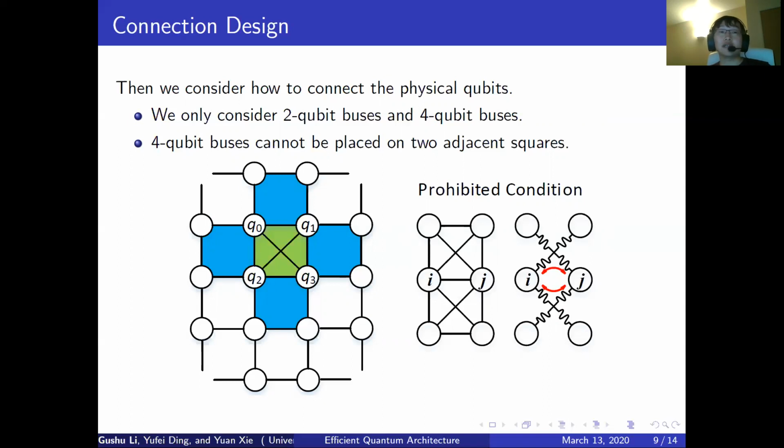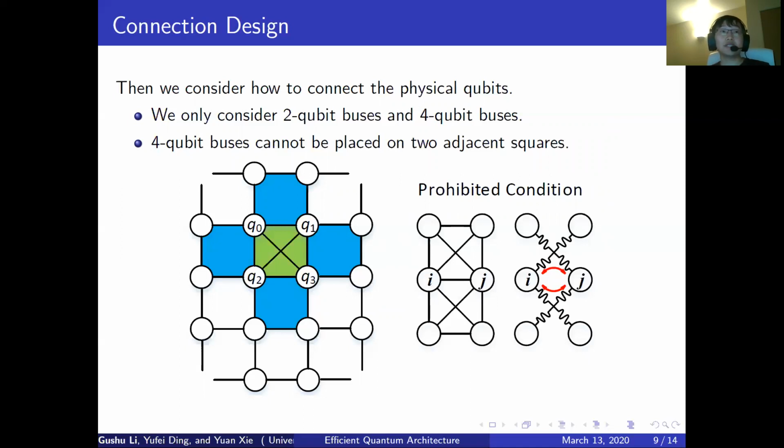These 2 buses, as I just introduced in the background, are commonly used in IBM's existing chips. In this step, we start from a baseline where 2 qubit buses have been applied everywhere possible, and we hope to replace some of them with 4 qubit buses.